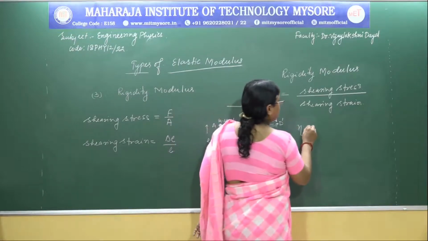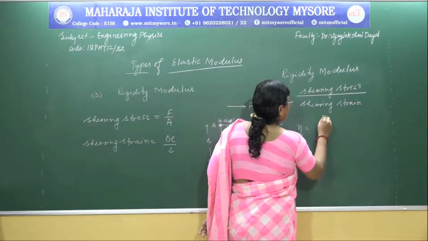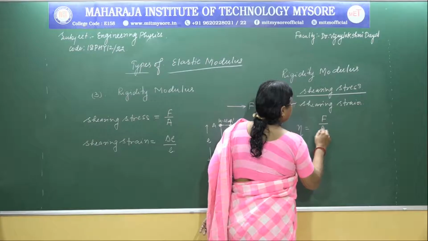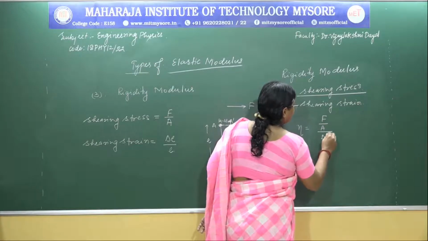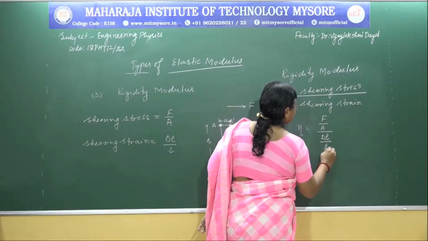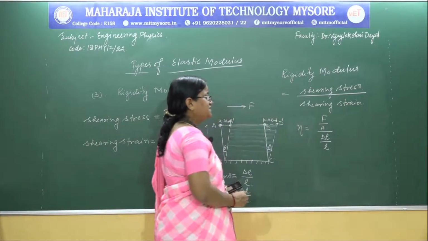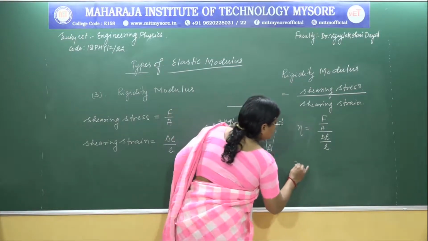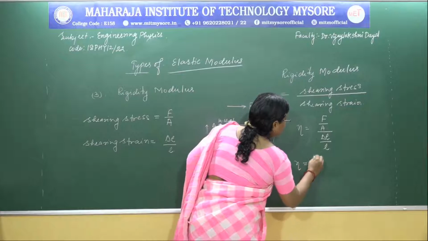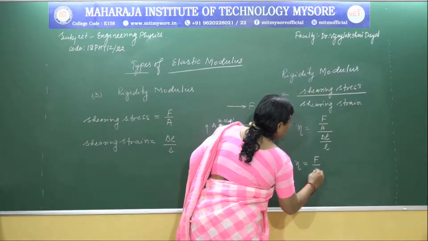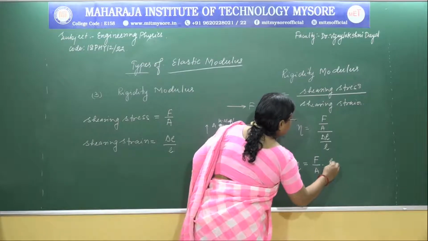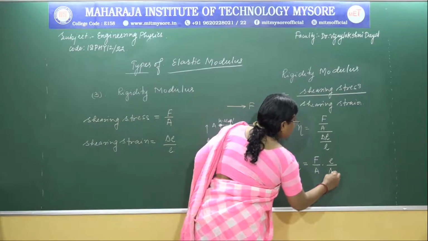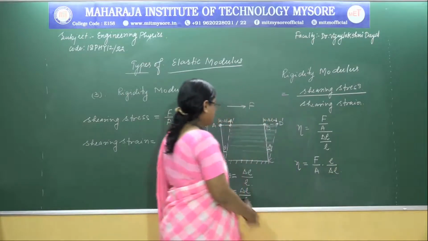So this will be equal to force per unit area divided by change in length by the original length. We can rearrange this equation and we get force per unit area into original length by the change in length.